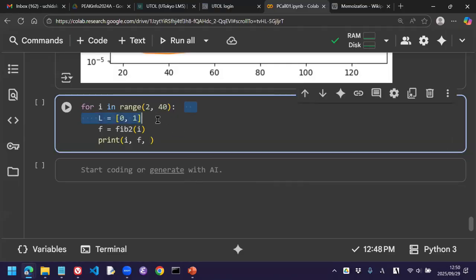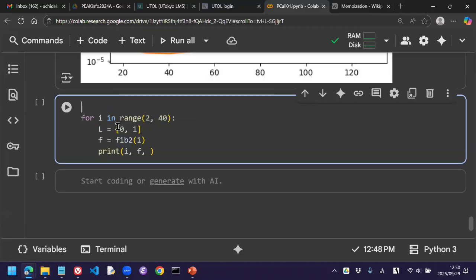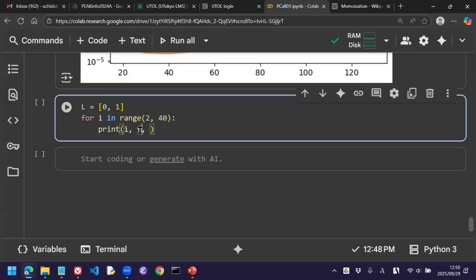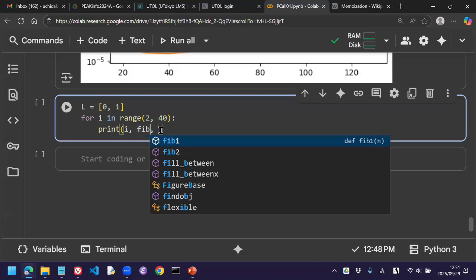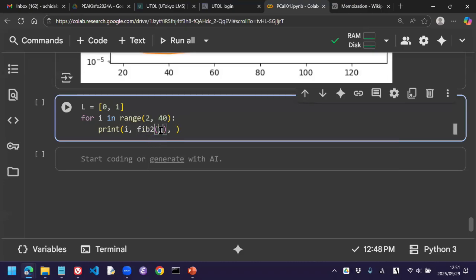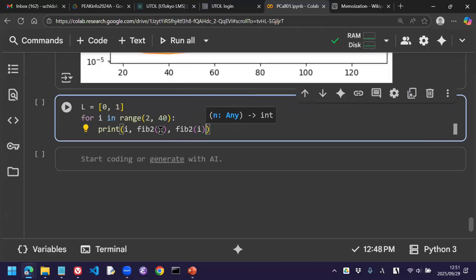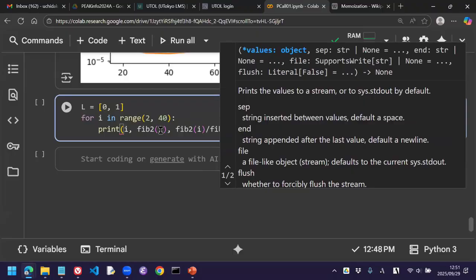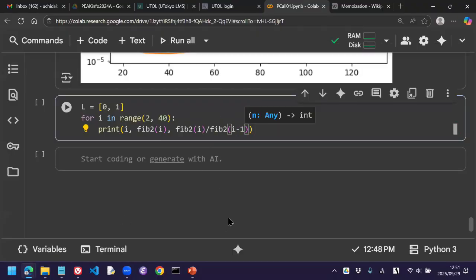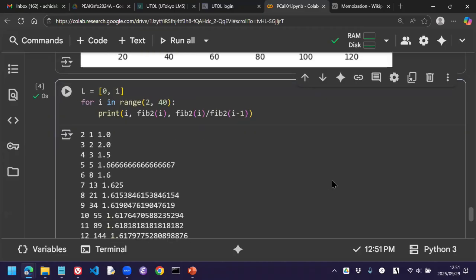We don't need this; we need this at the beginning. And then for fib2, let's just simply write the values: fib2 of i, and then fib2 of i divided by fib2 of i minus 1. So let's see what values we have by computing these values.